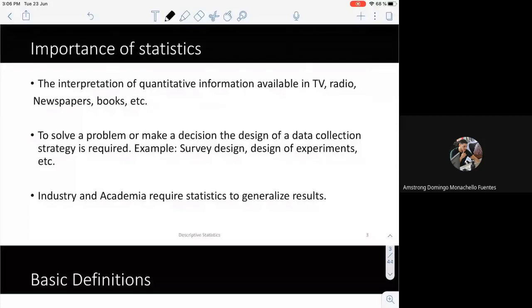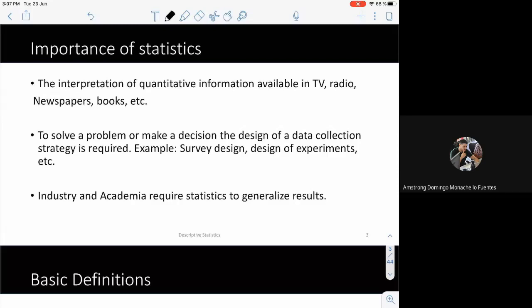In your careers in engineering, you will need to use statistics every time you collect data. For example, if you're going to perform an experiment, I'm pretty sure that in mechanical engineering, civil engineering, you're required to perform several experiments, maybe to test a material.